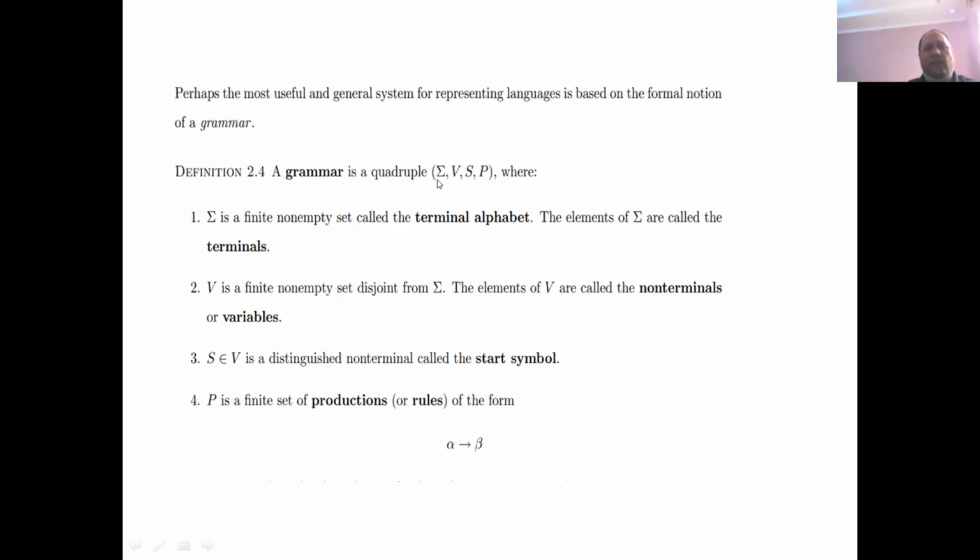If we consider these aspects together and construct all of them, it is the formula form of the grammar.